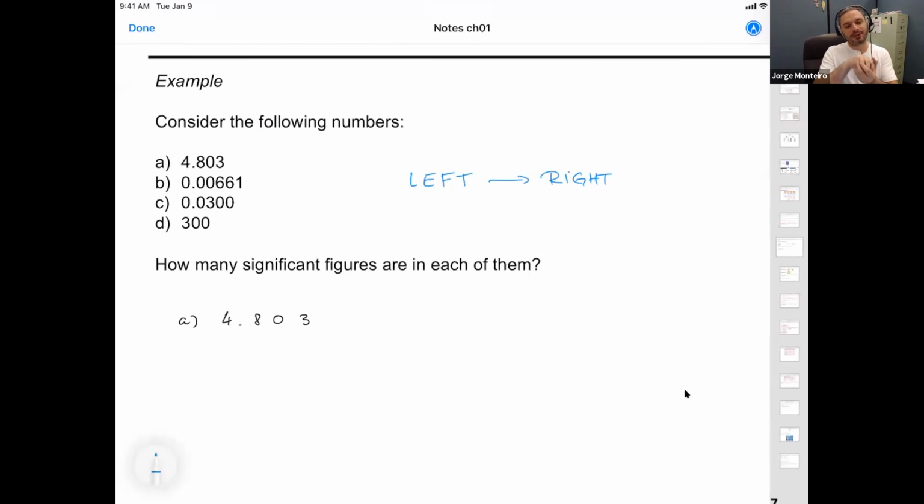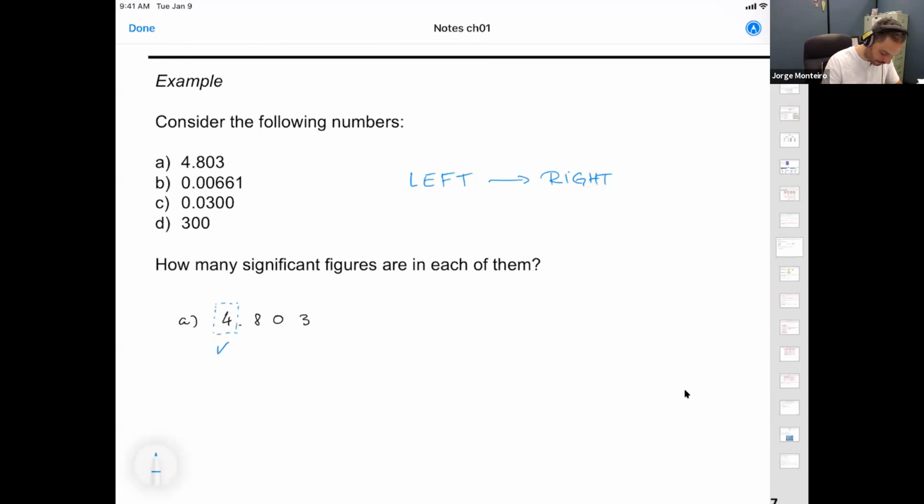The very first sig figure that you're going to start counting is any digit that is a non-zero digit. So we start left. We have here the number 4. So that's a number different from 0. Then yes, that's a sig figure. And we are going to start counting towards the right side.